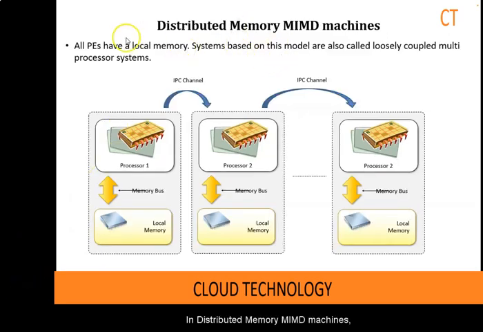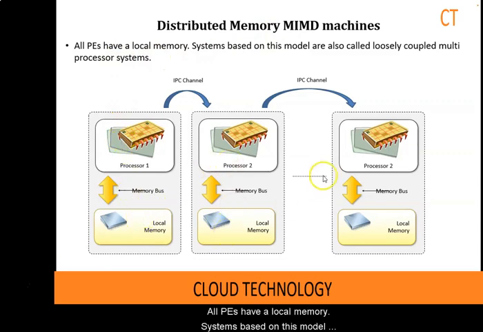In distributed memory MIMD machines, all processing elements have a local memory. Systems based on this model are also called loosely coupled multiprocessor systems. The communication between processing elements in this model takes place through the interconnection network, that is the Inter-Process Communication channel or IPC.